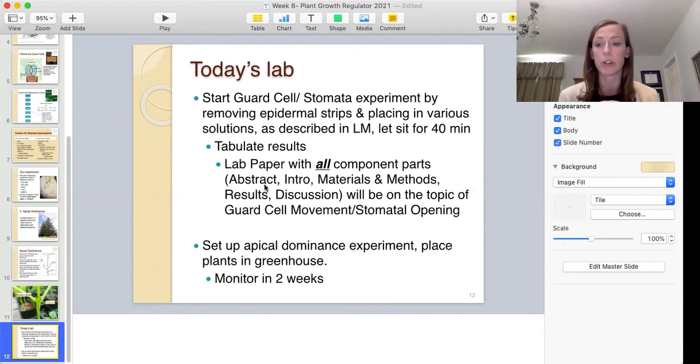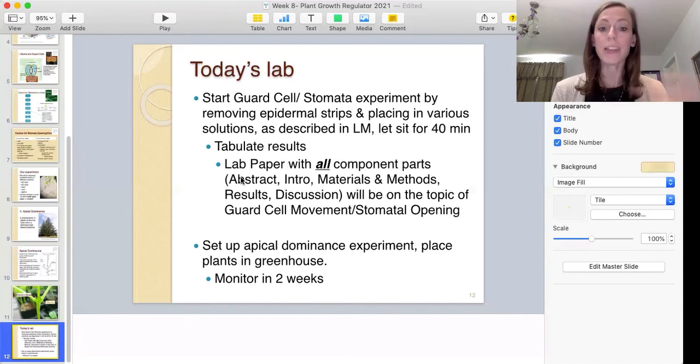You're going to include the most important sentence or two from each of the other sections. So you're going to have one or two important lines from the introduction, basic summary, one or two important lines from how you conducted the experiment, one or two important lines from the results, same with the discussion.